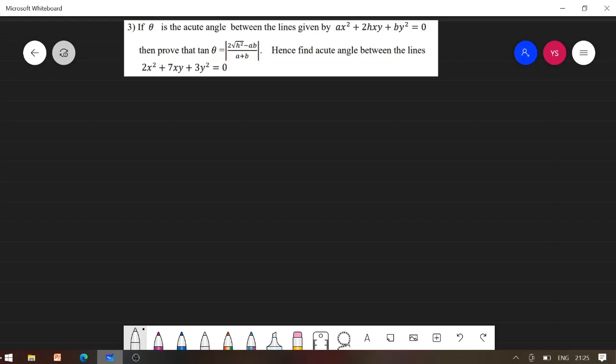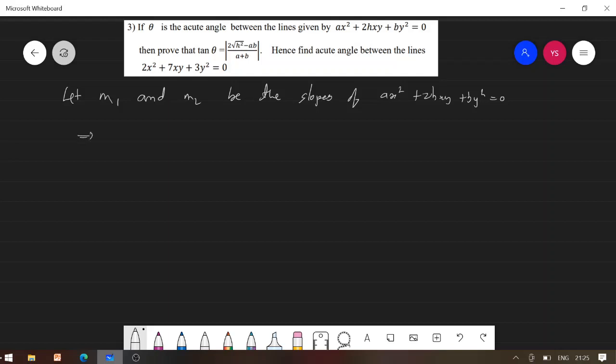So let us assume that m1 and m2 are the slopes of the lines ax square plus 2hxy plus by square equals to 0, which is a standard homogeneous equation of degree 2 in x and y.